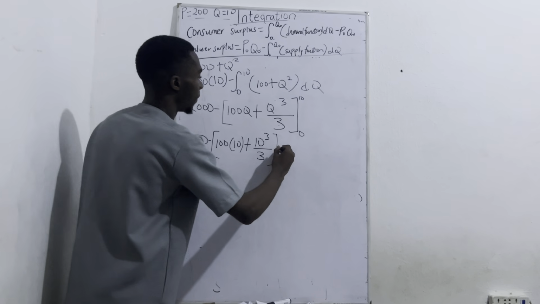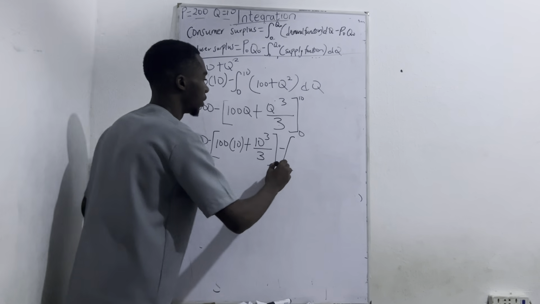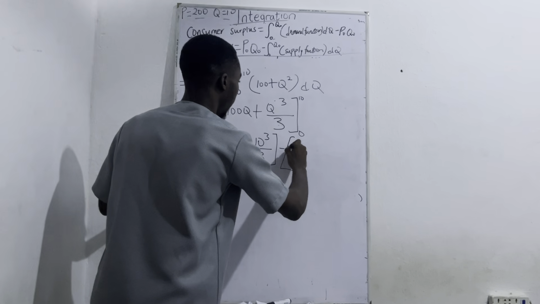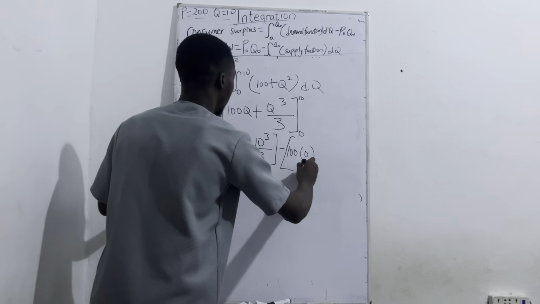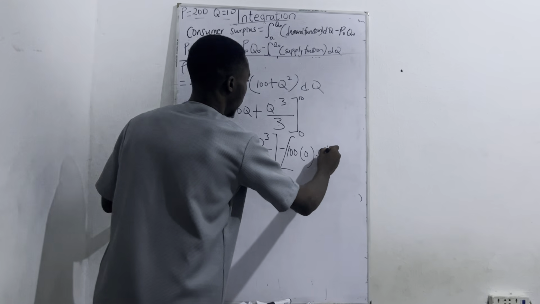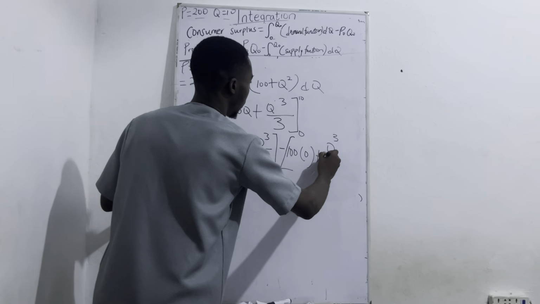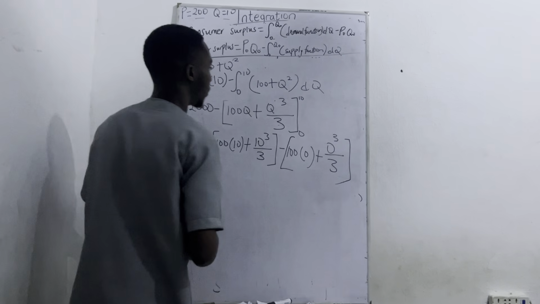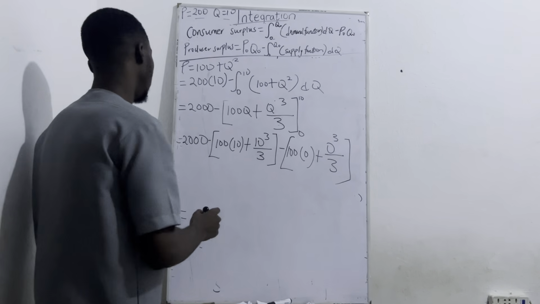Get it? Then minus, you open it again. Now you substitute 0 into it. So 100 into bracket 0, plus, wherever you see Q, you put it in, so plus 0 cube over 3. Then close it. You get it? So now you can punch this on the calculator.